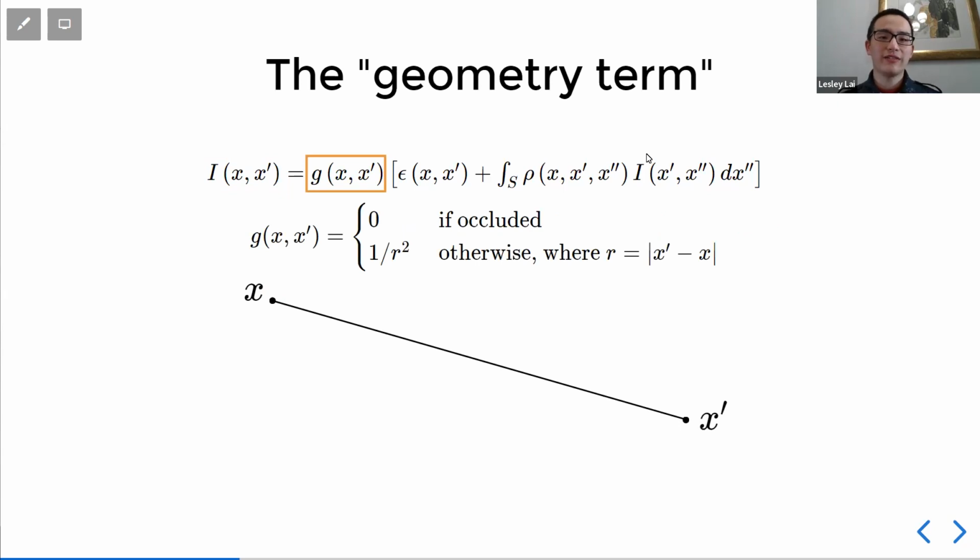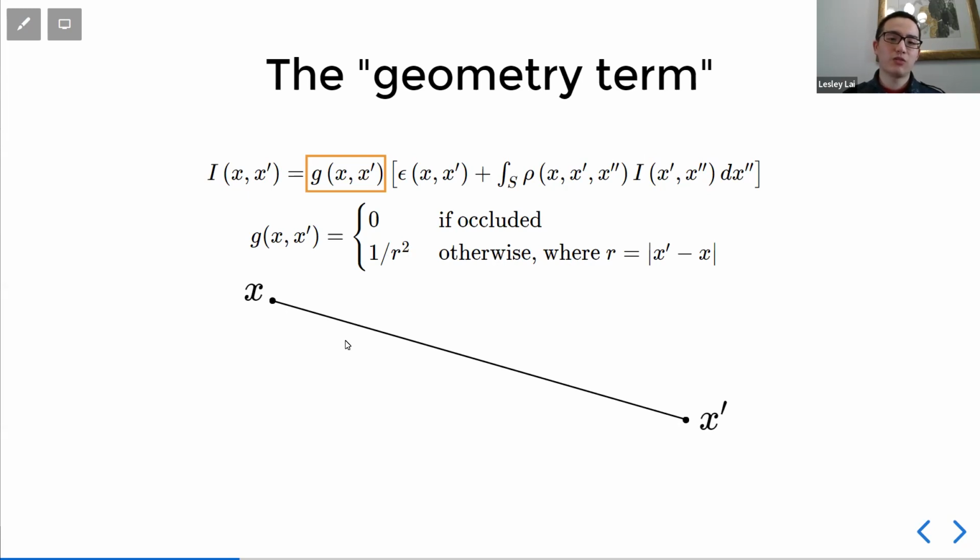So to calculate I, Kajiya separates the equation into a bunch of terms. G is a geometry term, which says if the path between the two points is not occluded, we have this quadratic falloff rule where 1 divided by r squared, and r is just the distance between those two points.